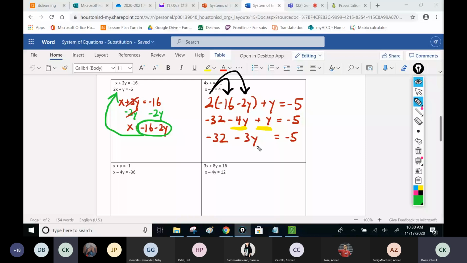And then if we want to solve for y, we have to get rid of the negative 32. So we have to do the opposite of negative 32. So that means we have to plus 32 on the left and on the right. So negative 3y equals 27.